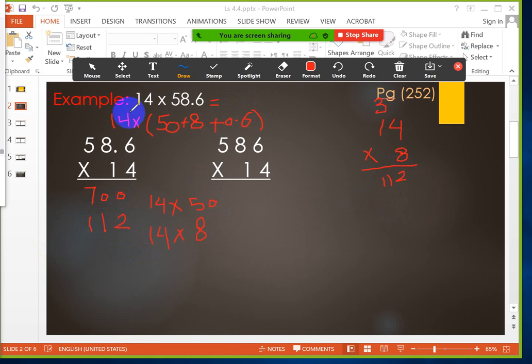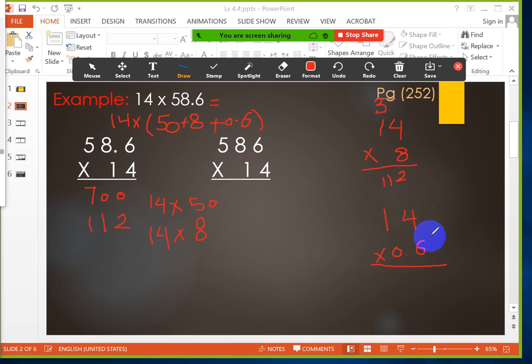The last one, I have to multiply 14 with 0.6. Okay, so how I will multiply this number with 0.6? I want you to focus with me, please. Focus with me, girls, please. If I want to multiply this number, this is a whole number with decimal number, how I will multiply it? First thing, I will multiply the number 6 with 14 like there is no decimal point.